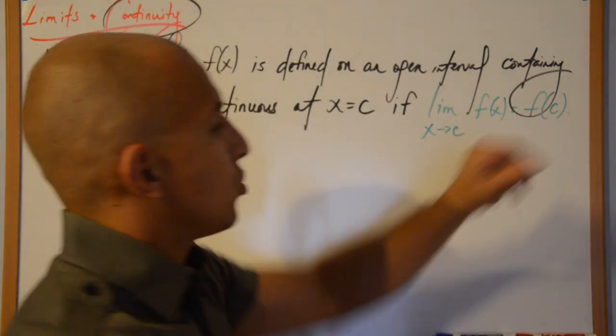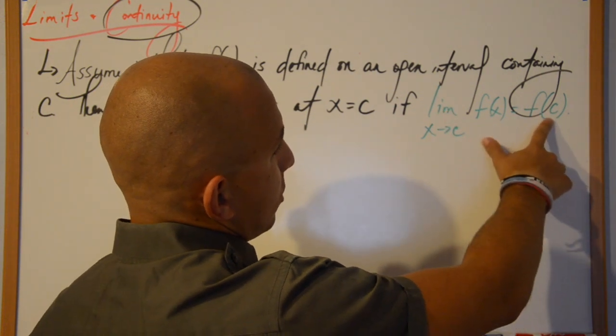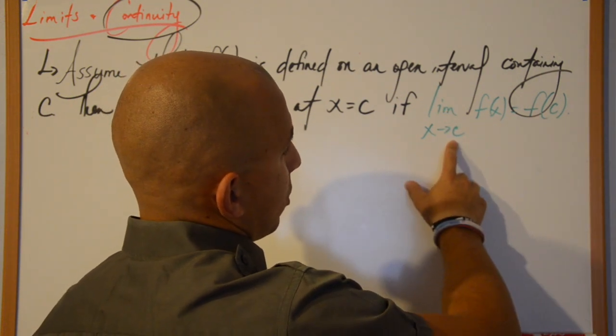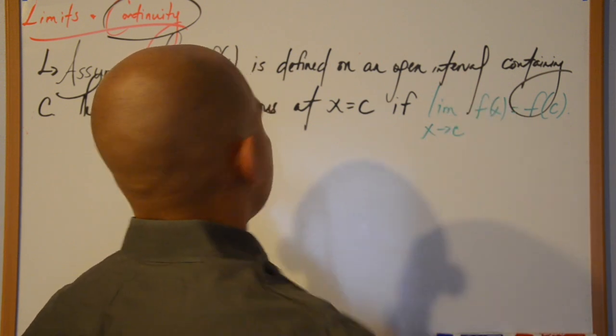So, a lot of symbols here. Let's flesh this out in English. The function output at the limit we're observing must be equivalent to the behavior of the function.